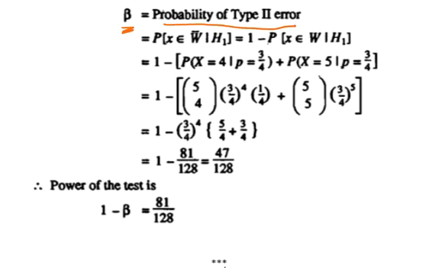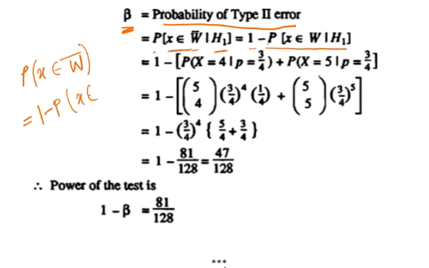So the probability of type 2 error is the probability that x belongs to the acceptance region when H1 is true, which is equal to 1 minus the probability that the sample point belongs to the critical region when H1 is true, because the probability that x belongs to the acceptance region is equal to 1 minus the probability that x belongs to the critical region. In this way you can write it, because the entire region is divided into two parts.